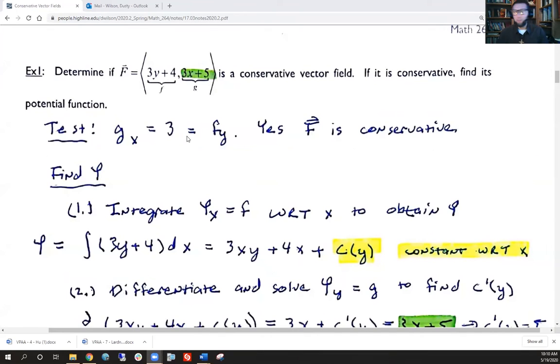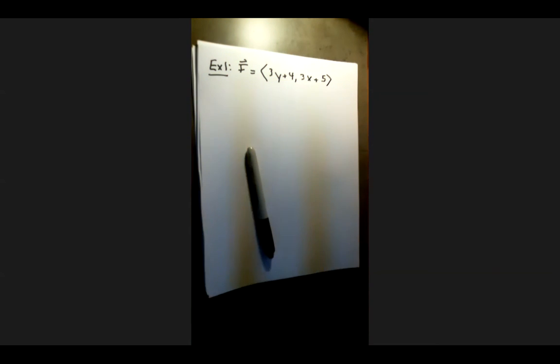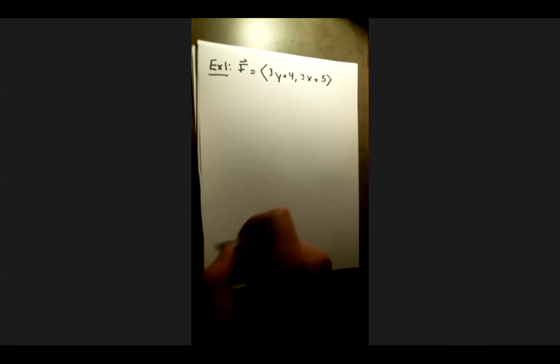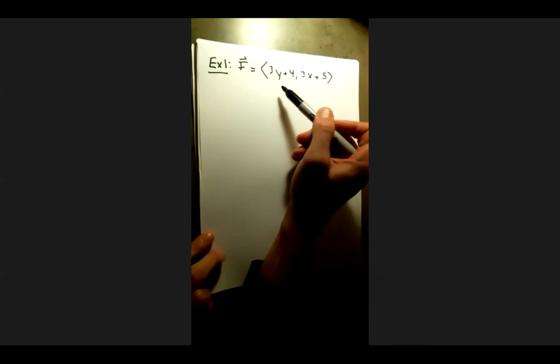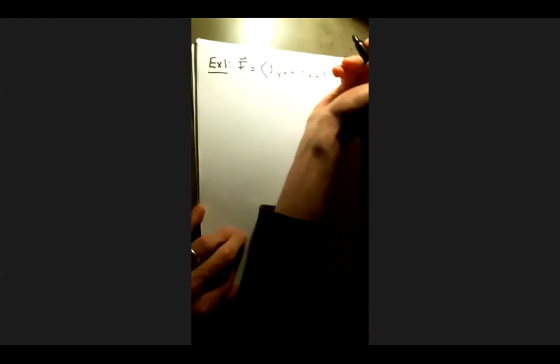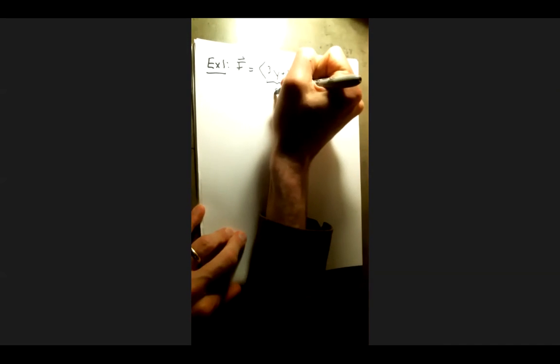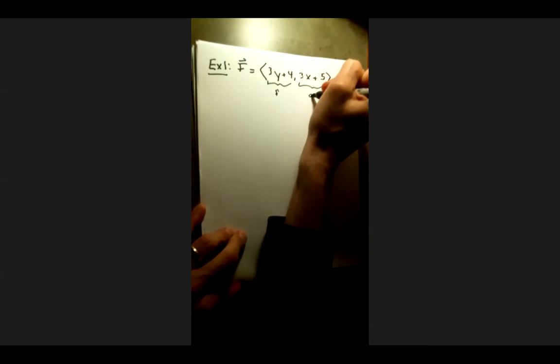So what I'd like to do next is work through an example. All right. So in this example, we're given this field F and asked if it's a conservative vector field. In this particular case, the first component would be our little f, and the second component would be our little g.